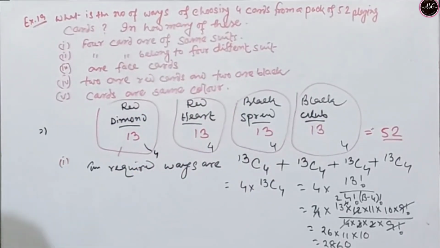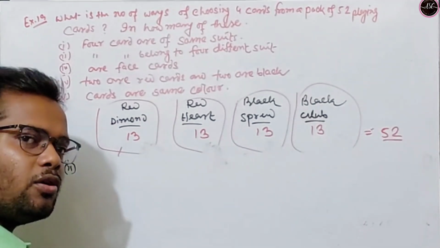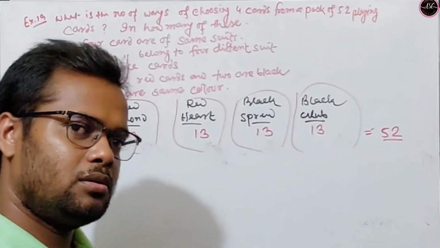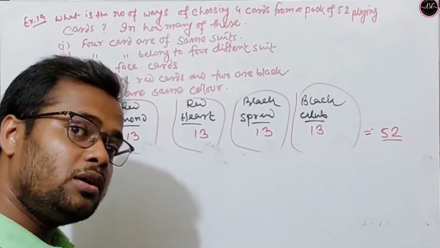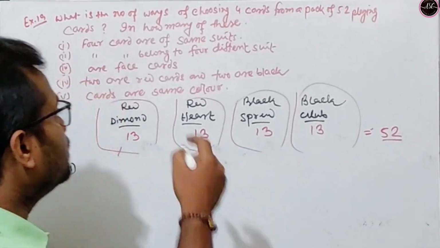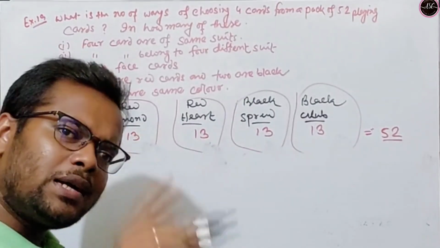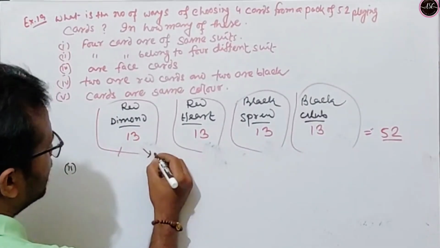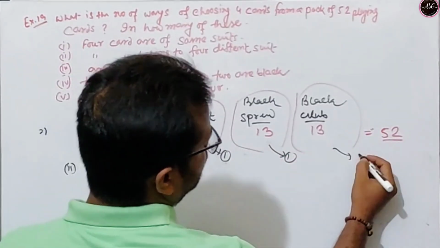Now for the second, 4 cards belong to 4 different suits. Just imagine I have 4 cards. Since the 4 cards belong to 4 different suits, every suit has 1 card. So here is 1 card, here is 1 card, here is 1 card, and here is 1 card.